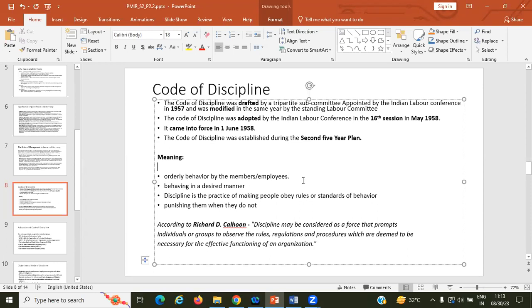Then you have certain times to have breakfast, lunch, dinner. Then you go to bed. So you follow certain rules. Behaving in a desired manner. No one is telling you to behave like that. If you don't behave like that, then there will be a problem. Discipline is the practice of making people obey rules or standards of behavior.